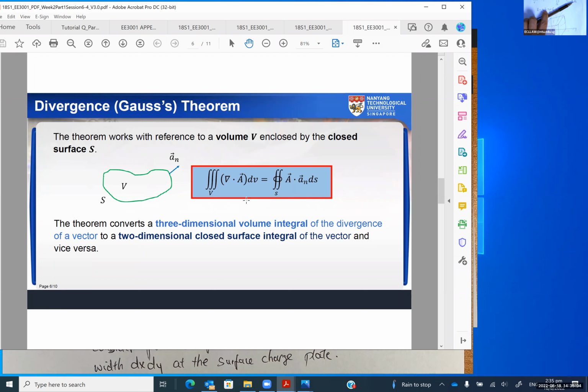If I have an area here, where is the direction of this area? Always perpendicular to it, and out of the volume that it encloses. So you tell me the front surface, where's the direction of the n? Positive x. Okay, the back one?